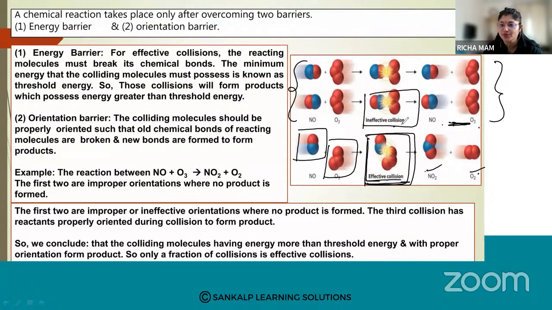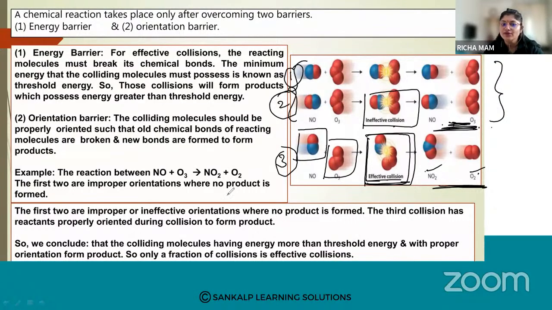It is an ineffective collision, so the product is not formed. In the third, you can see the collision is occurring because of the proper orientation. Because there is a proper orientation, the reactants react with each other, producing a collision, and they form the product.